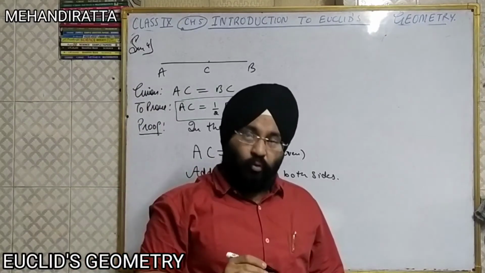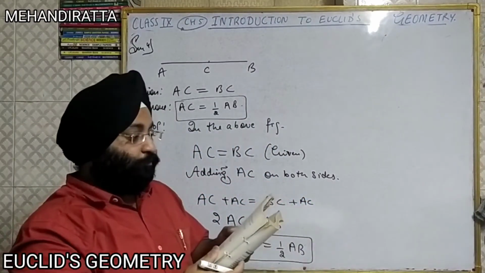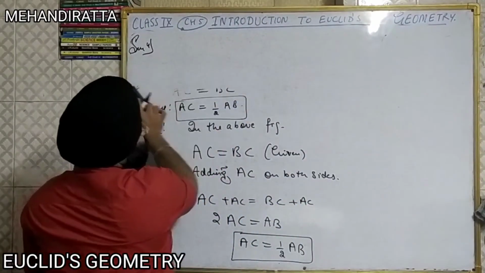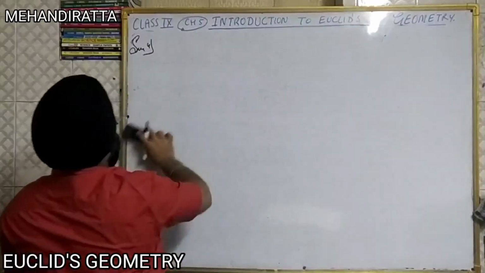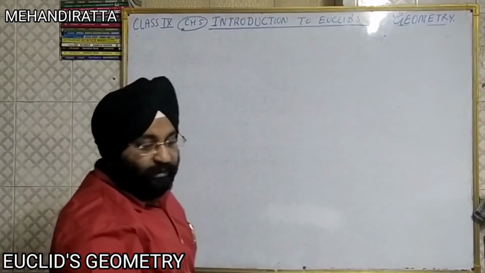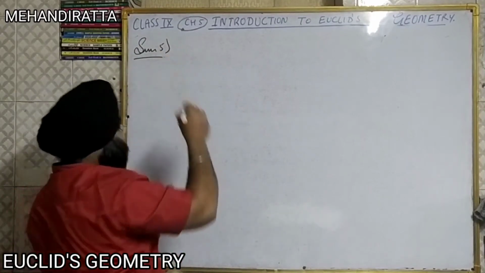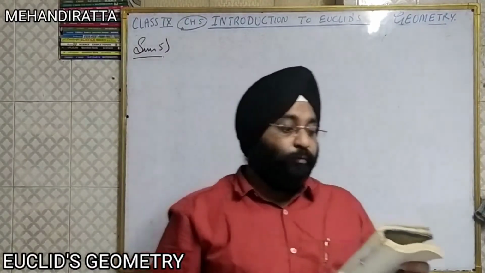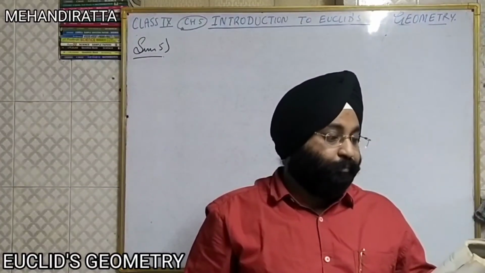This was fourth sum. Now is fifth sum. In fifth sum, what they say, in question 4, point C is called midpoint of line segment AB.